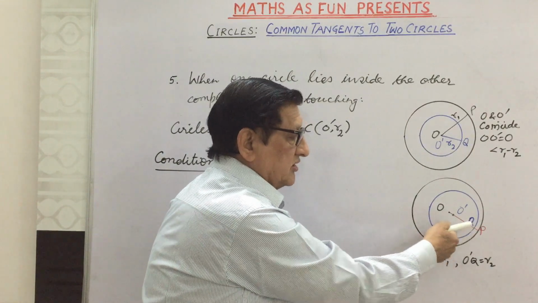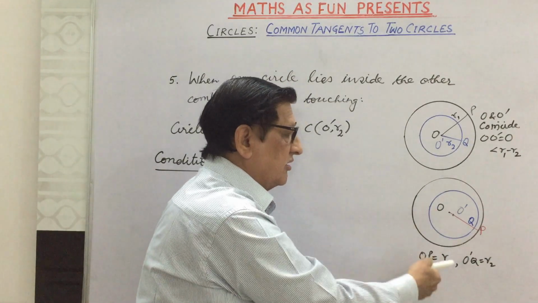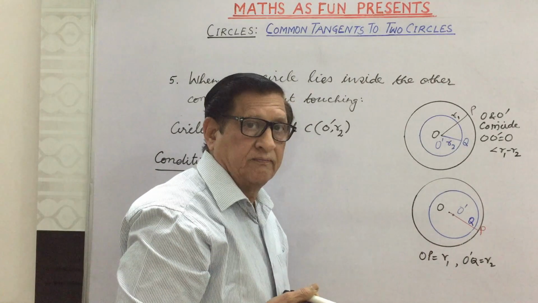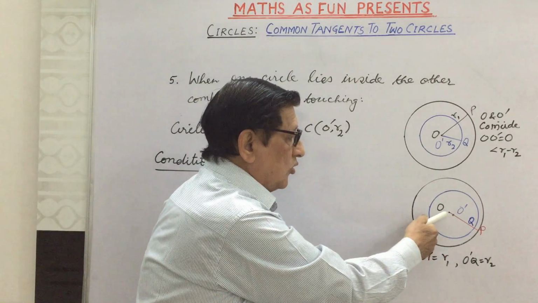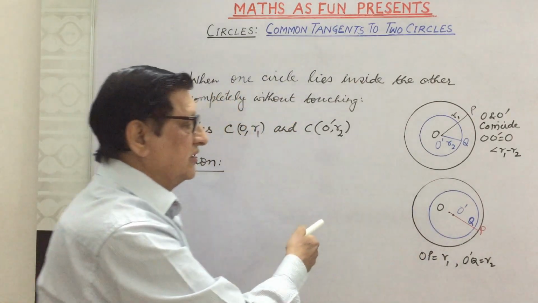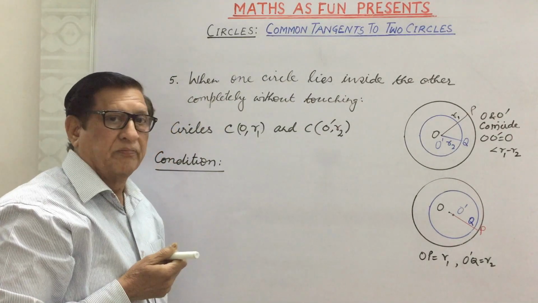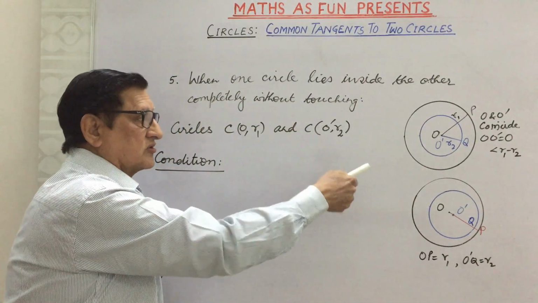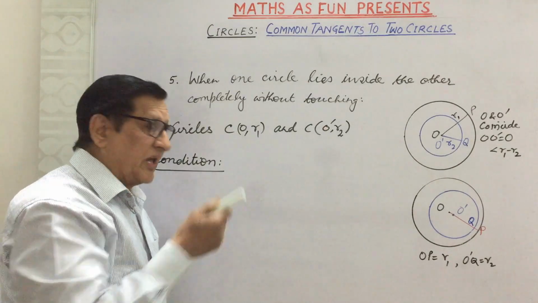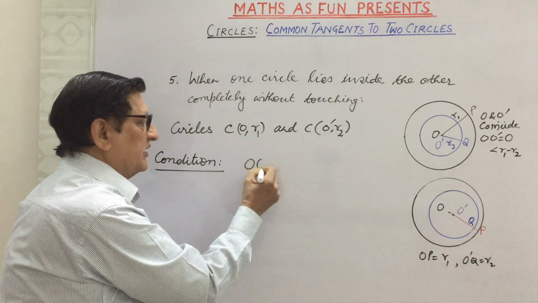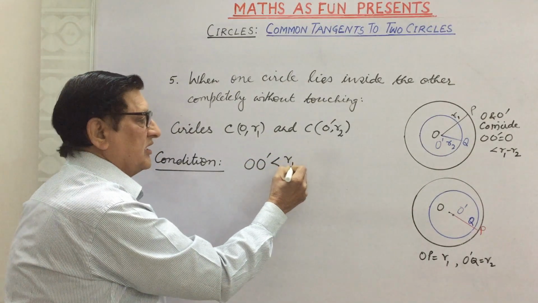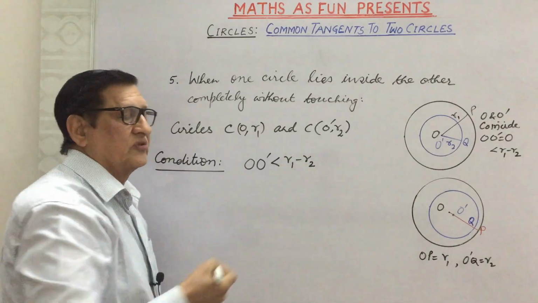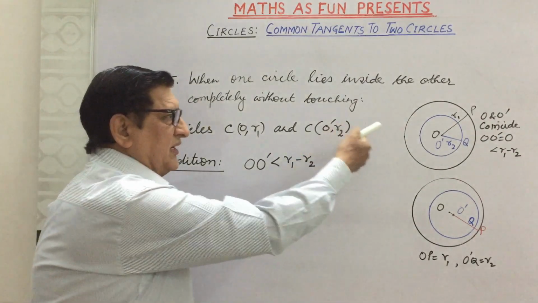O'Q is the radius of the smaller circle, that is R2. Here also we find that OO' is less than R1 minus R2. It means the condition for such position becomes that the distance between their centers OO' is less than the difference of their radii. What about the common tangents?